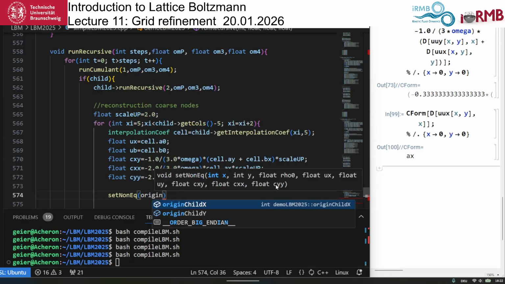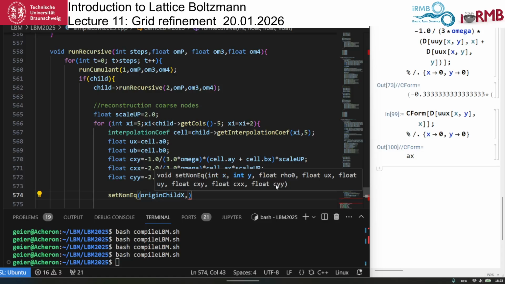There is origin child X. So say we put there our origin, and then we have to have this xi minus 5 to go to the beginning.